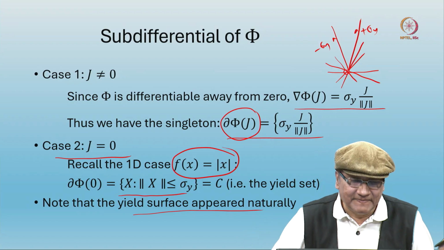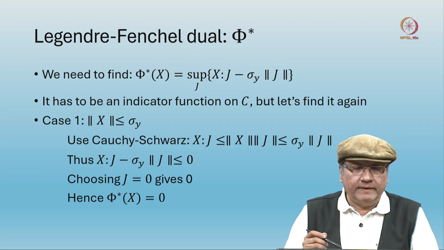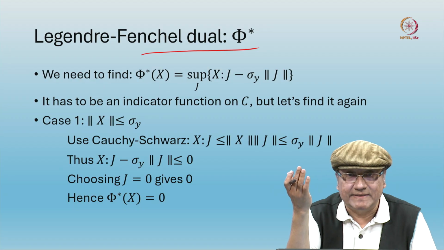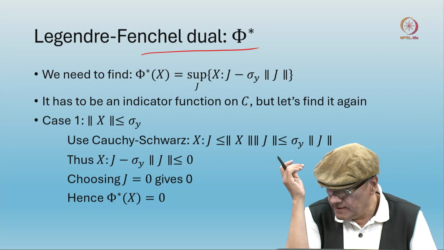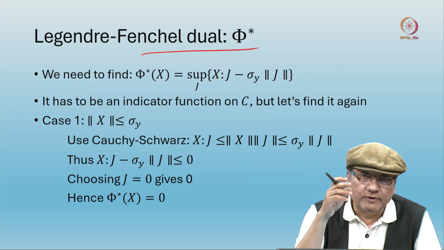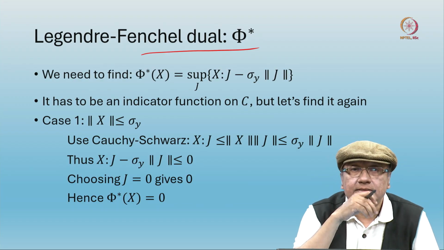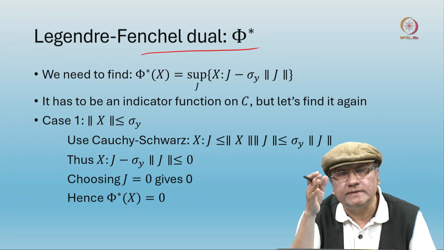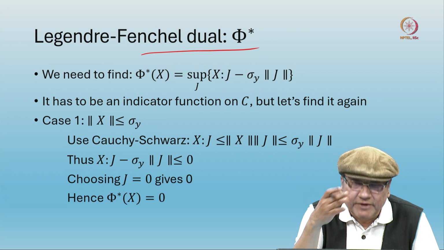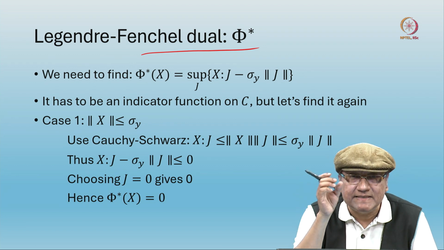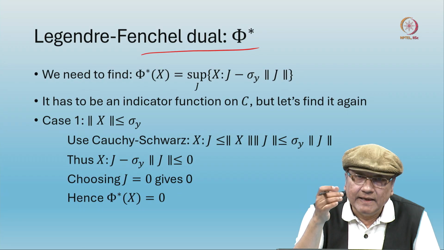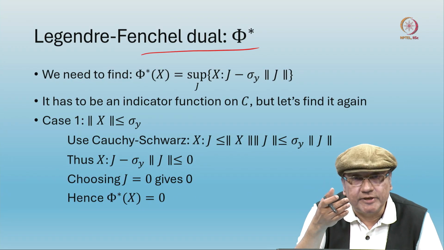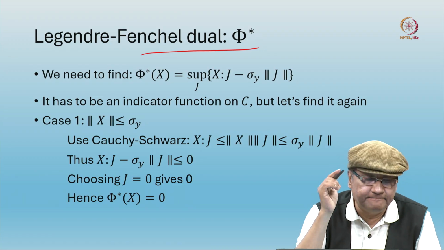It is not possible. So we can actually find the Legendre-Fenchel dual of phi. We have already seen that for this particular case it is the indicator function: within the yield set it is 0, outside it is infinity. But there is nothing wrong in repeating things, because these ideas are new, and by repetition or reinterpretation we understand things better.